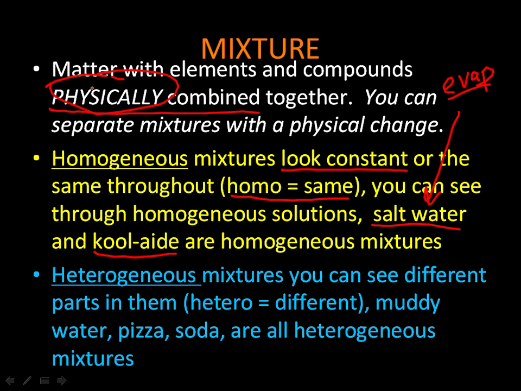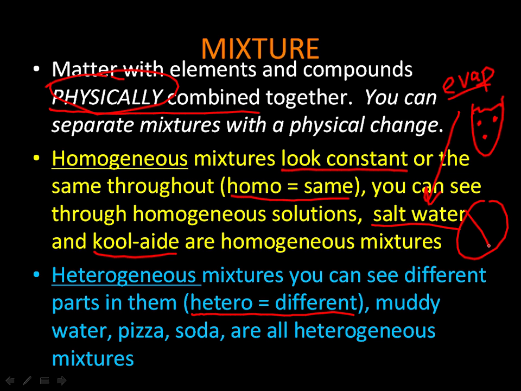Heterogeneous mixtures are mixtures with different parts in them. Remember, hetero means different. You can see different parts by just looking at it. Like, for example, muddy water. When you look at muddy water, you can see little bits of soil in the water. Pizza.